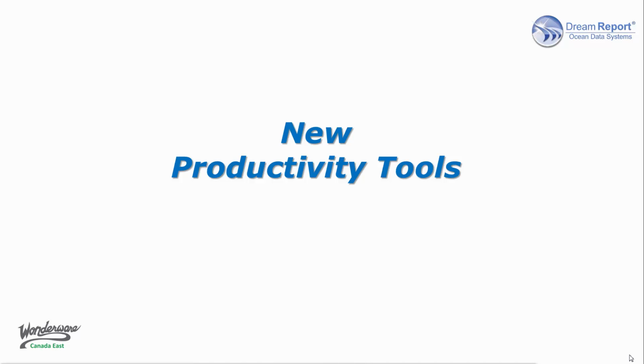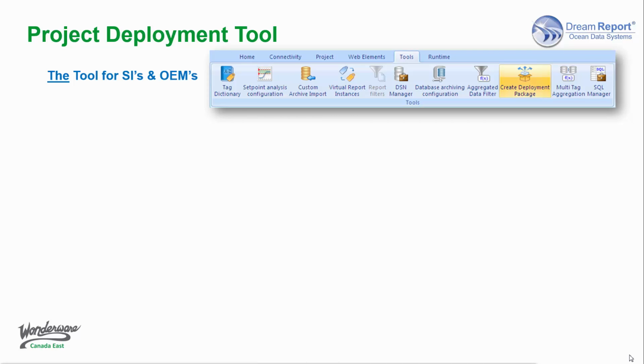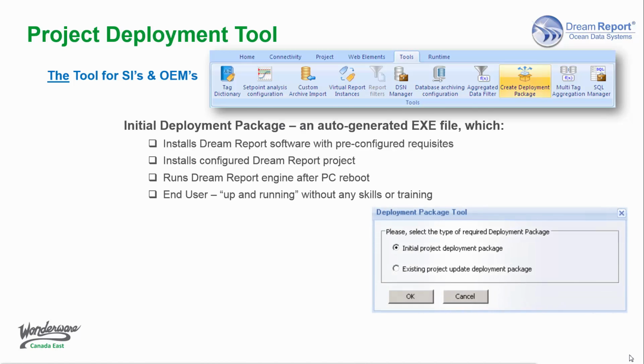Included in Dream Report 4.6 are several new productivity tools, primarily aimed at SIs and OEMs, but with applicability to many other applications. This new feature allows you to package up not only the entire Dream Report project, but also the complete Dream Report software and project requisites into a single executable file.